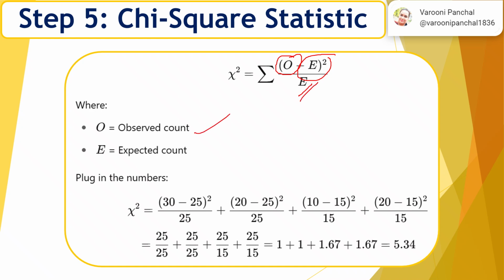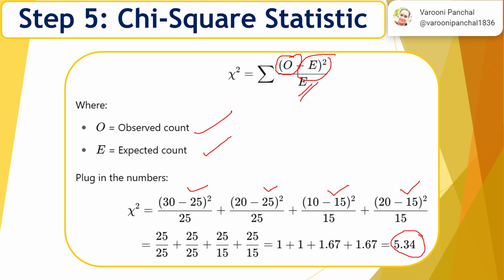O is the observed count and E is the expected count. Plug in the numbers: 30 minus 25 squared divided by 25. Since this is a 2x2 contingency table, it won't take much time, so you can try this manually and you will get 5.34.